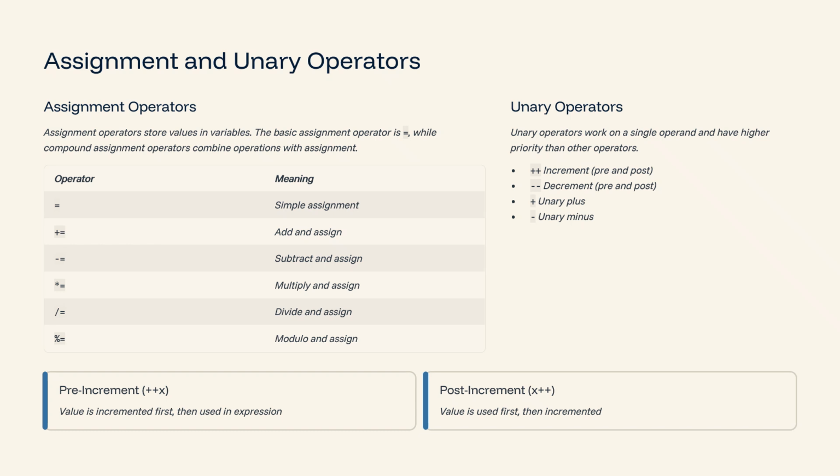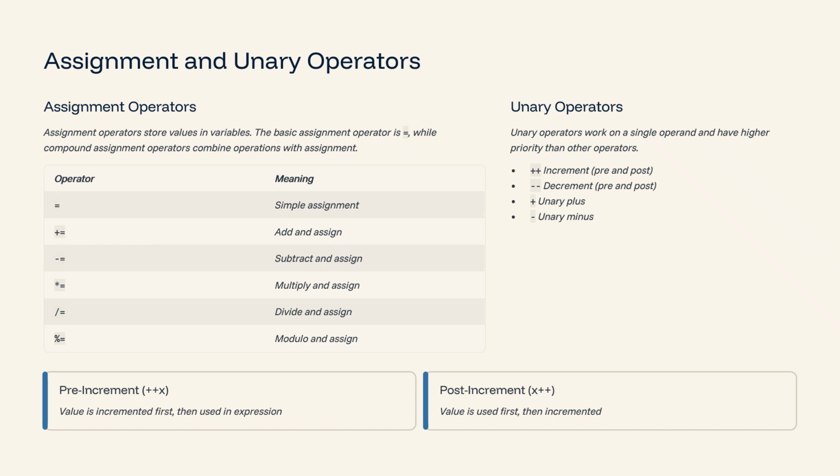Now x plus equal to 3 is equivalent to x is equals to x plus 3, where the value of x is 8. The main benefit of this is that it reduces the code, gives shorter code and faster writing, and is better for readability also.